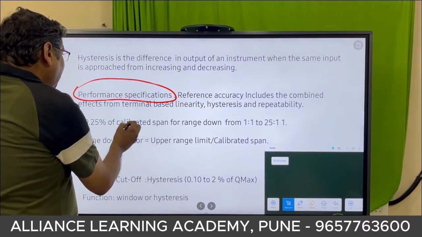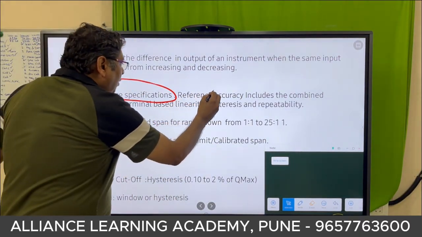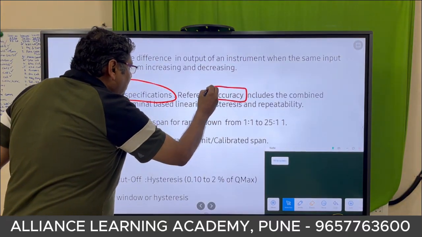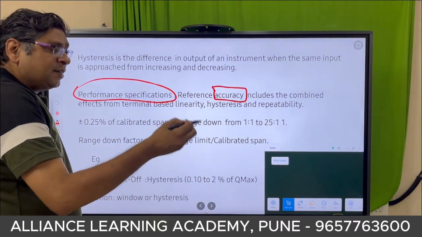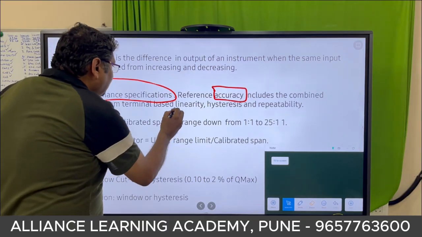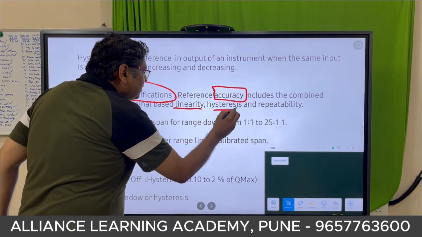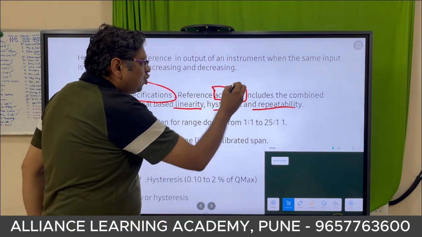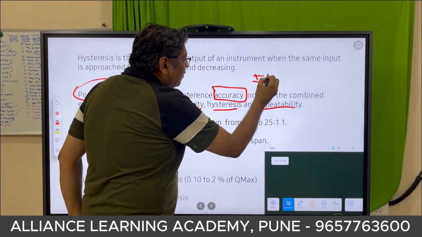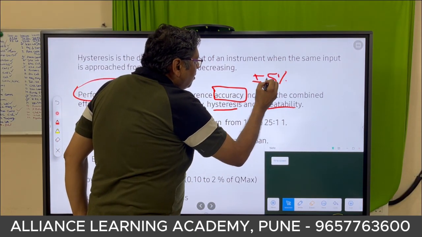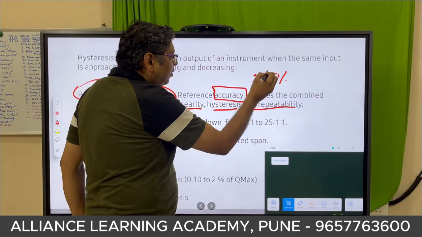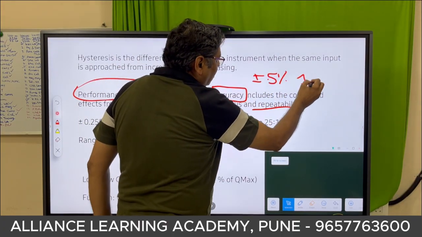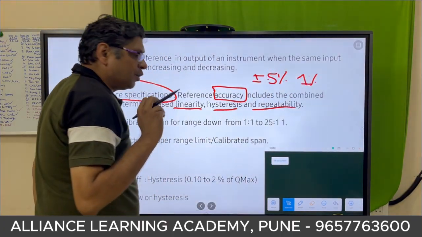The accuracy, most of the time, is the combined effect of linearity, hysteresis and repeatability. It should be plus minus 5% or 0.5%, or 1%, whatever the type of instrument you are using. Fine.